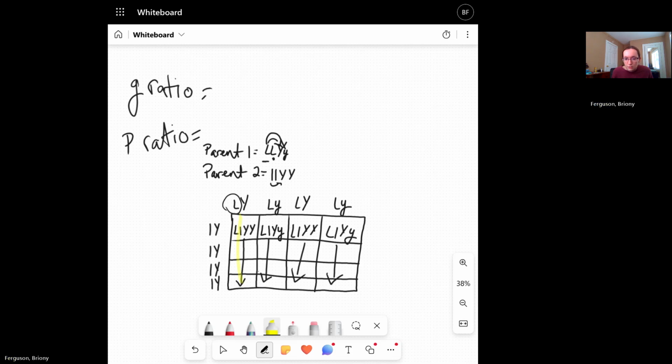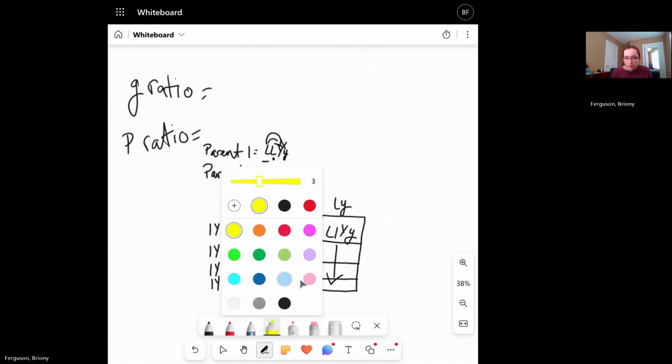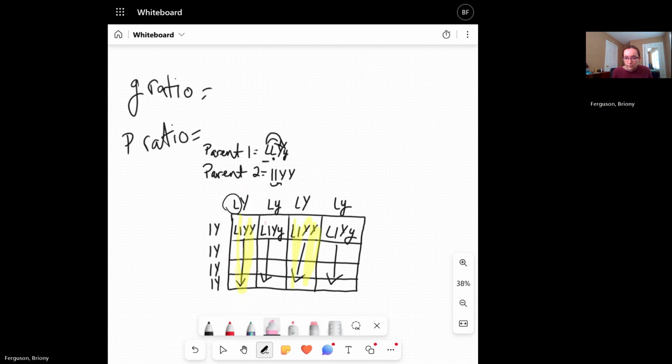Right. So we know this is the same, and all of these are the same. If we move on, these are all the same, and these are all the same.